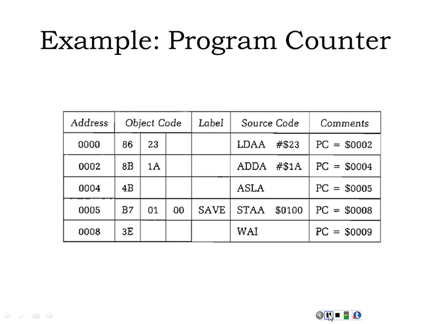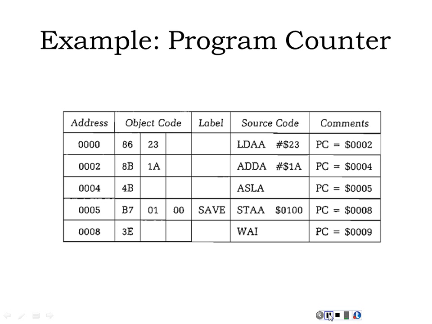Now we know their addresses, but interestingly, if you look at the very last column here, in the first line we are writing 0002, which is basically the address of the next line. In the next line we have 0004, which is again the address of the next line.